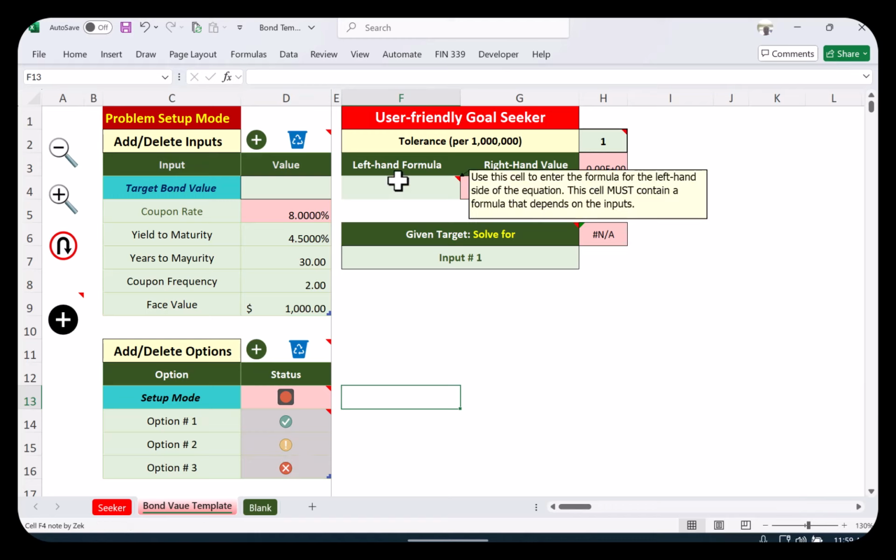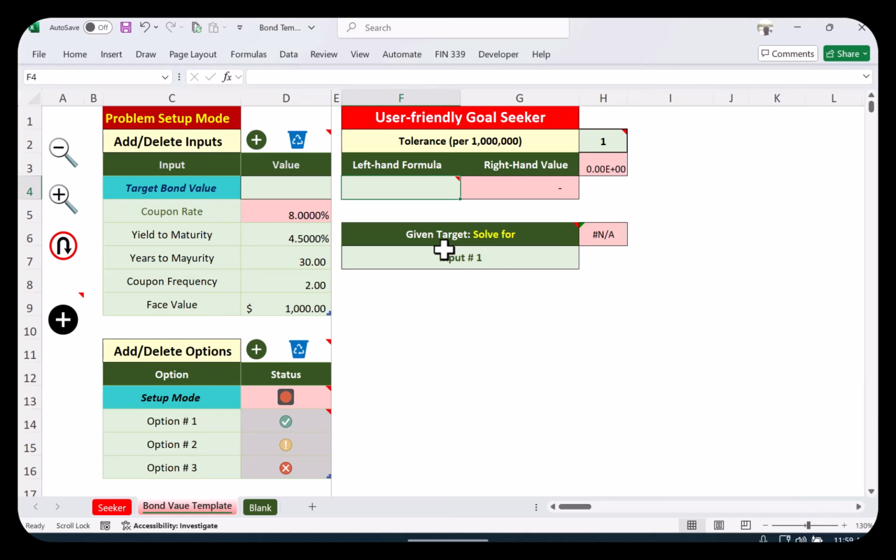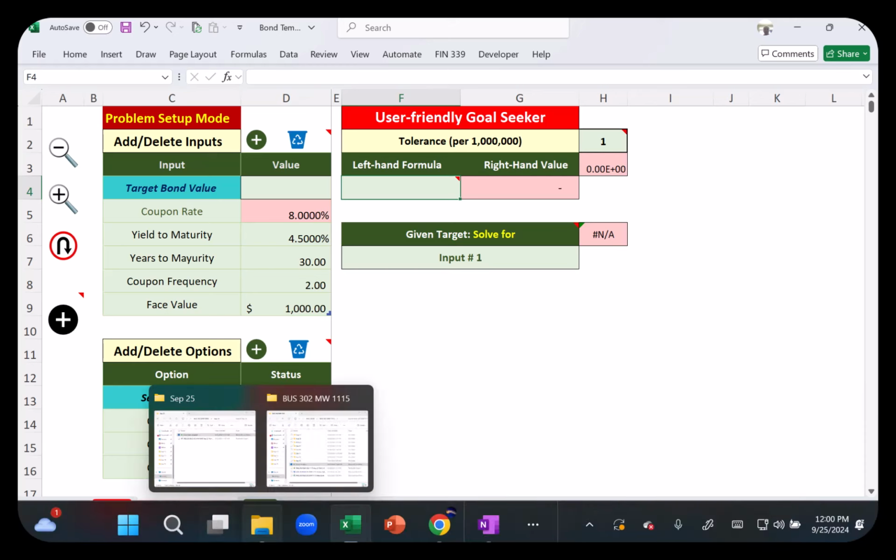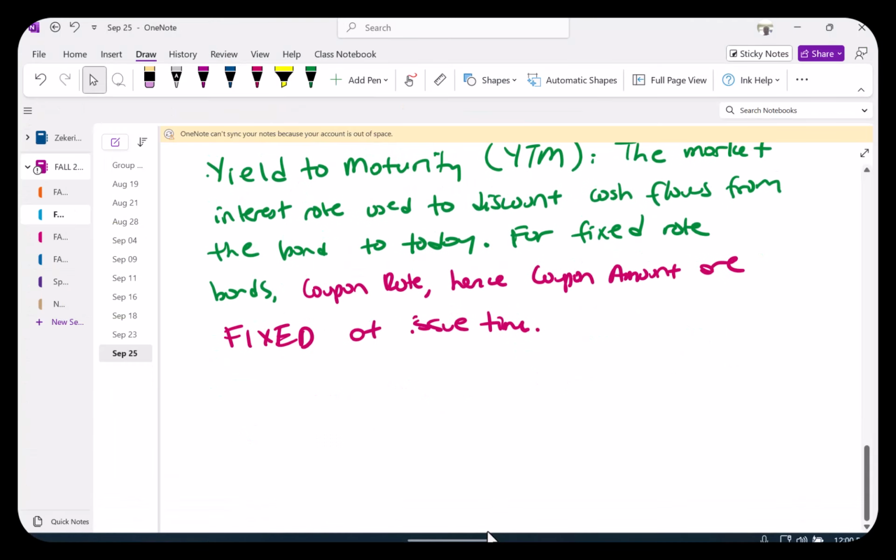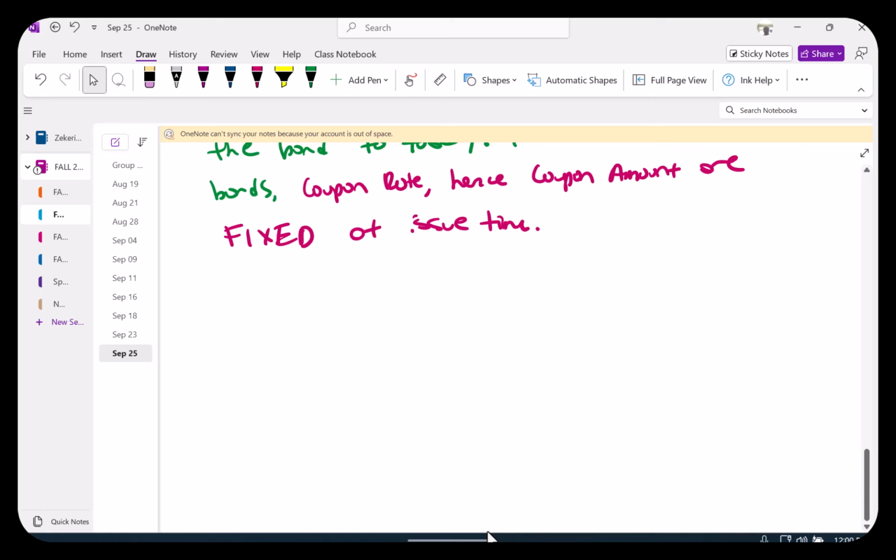Now I need to write down a formula to calculate the value of the bond given the inputs. We've seen this before when we were doing annuity with balloon payments. We can actually use the Excel function. We're going to use the PV function. The first argument is the period interest rate, and I'll define what that means.